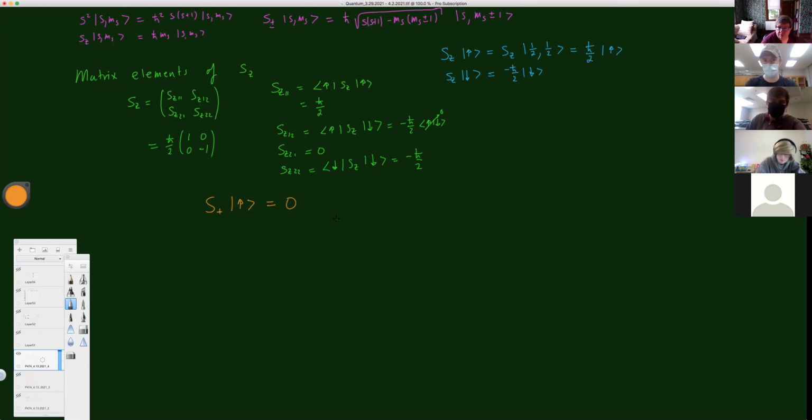Well, in that case, the S plus 1 minus MS times MS plus 1 would equal each other out. So you just get the square root of 0, which is 0. And the other reason is, look what it does. It raises MS by 1. You can't. MS is already at its highest possible level. It's 1/2, right? You can't raise it by 1, right? That would make it 3/2. So that's another reason, right? That's why that works out that way, yeah?